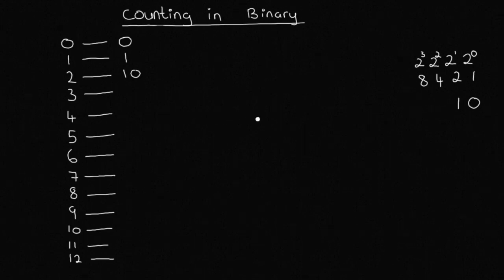So then when we move on to 3, let's say we have 1, 1, and 1, and we want to add these together. Now again, in decimal format, we can just add these 3 together and get the number 3. The problem with binary is we can't even represent 2. So if we can't represent 2 in binary, we definitely can't represent the number 3. So again, we're going to have to carry on to the next column.